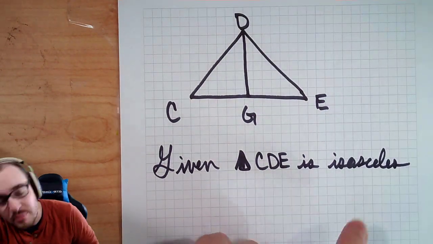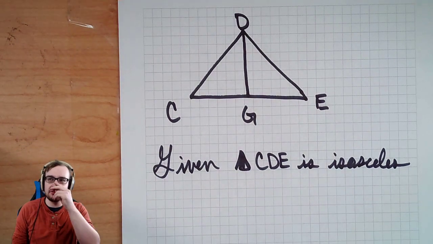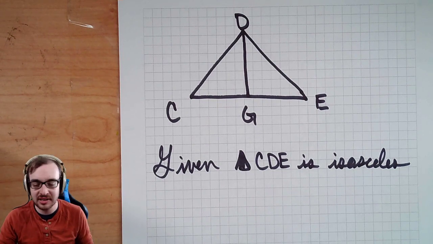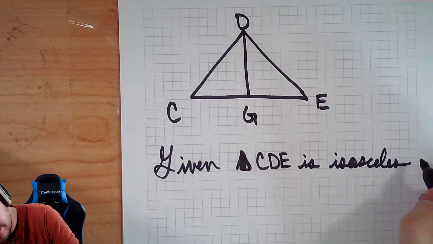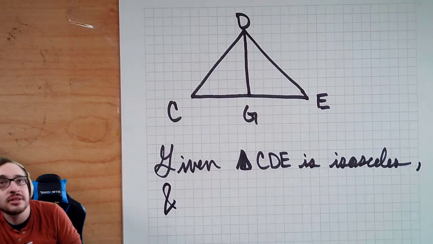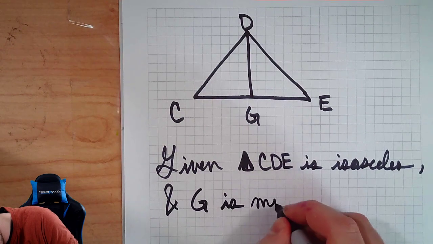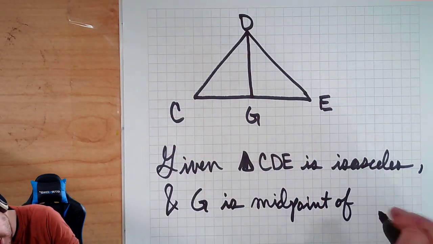Isosceles means, I think scalese means 2. So 2 sides are the same. I think that's what that means. It's been a while. Normally I'd look this up if I had prepared class. Bless you. So 2 sides are the same. And little ampersand symbol. And G is the midpoint of CE.